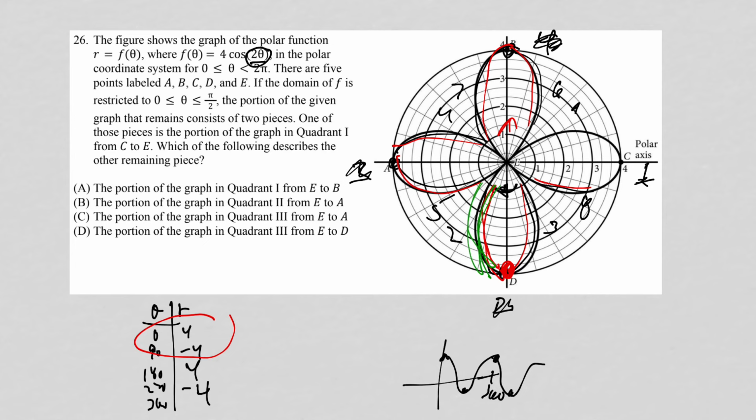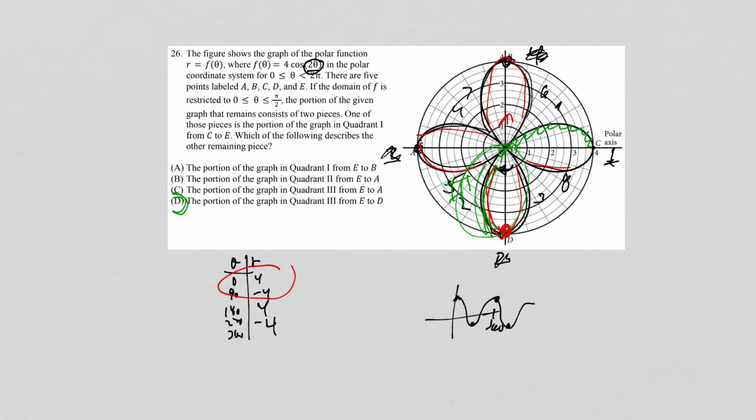So they said, okay, we've told you about this piece. What else is there? It's that piece. So it's in quadrant 3, from E, sorry, E's in the middle, from E to D. And this was choice D. So that was a pretty annoying question, for sure. They were basically asking, in what order were these petals drawn?